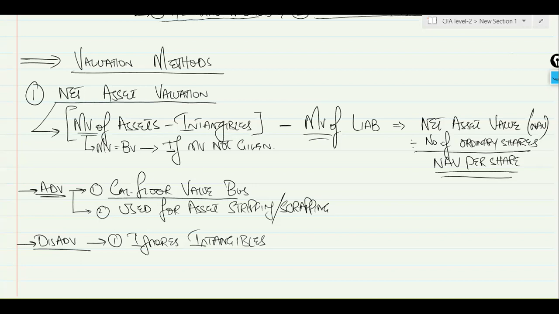So one of the major disadvantages is that it ignores intangibles, and two, usually whenever you go and try to buy a business, you do not only see the current status. Net asset valuation shows you the current status of the net assets.